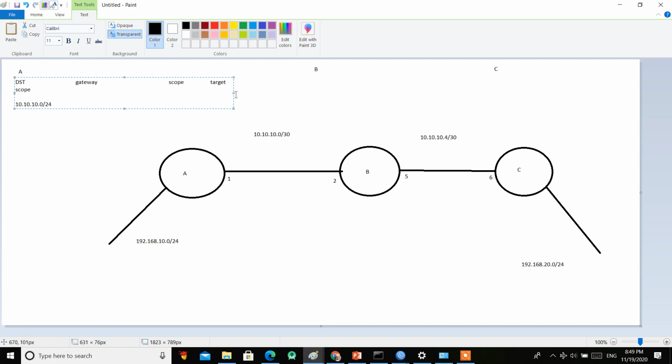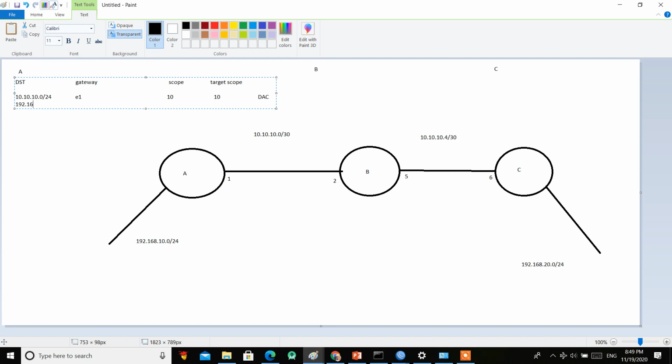Did you see that? Scope and target scope. Okay. The router will tell, for example, it is connected to ether1, and the scope is 10, and the target scope is 10, and it is DAC, dynamic active connected.